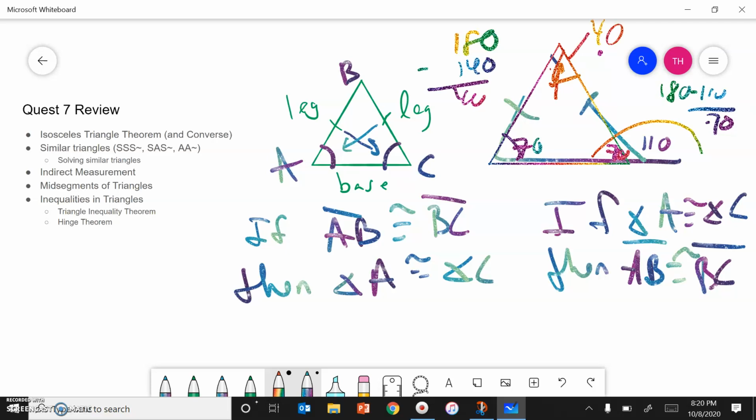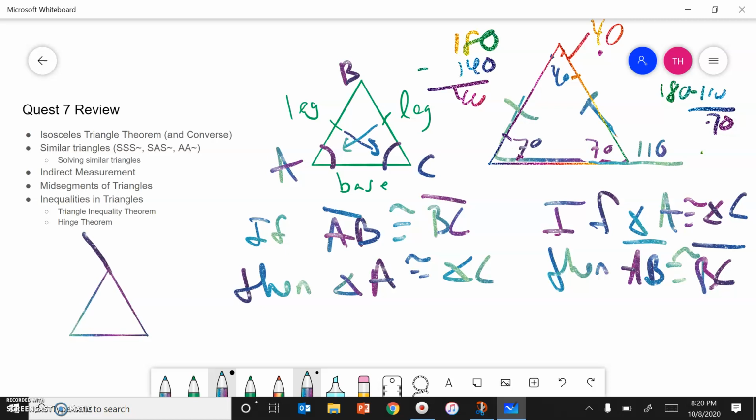And all of that from knowing that angle on the outside. If I just knew that angle on the outside, then I would be able to find the measure of all the other angles. Again, if I knew this one was 110, then this one would have to be 70, 70, and 40.